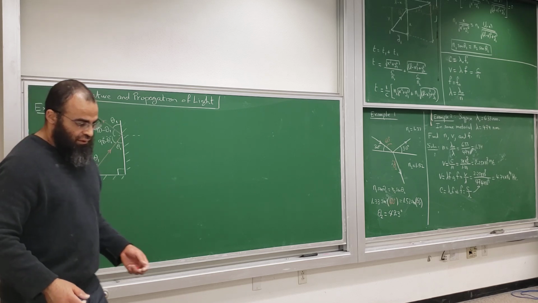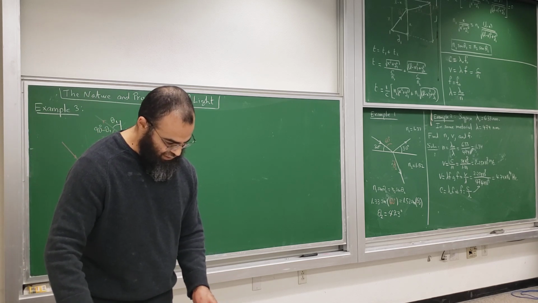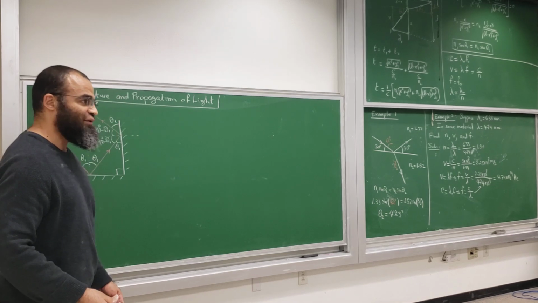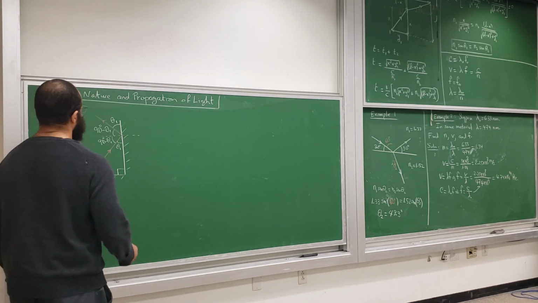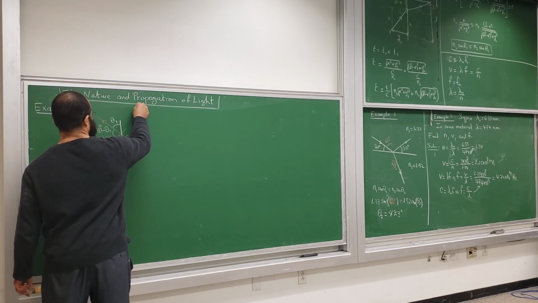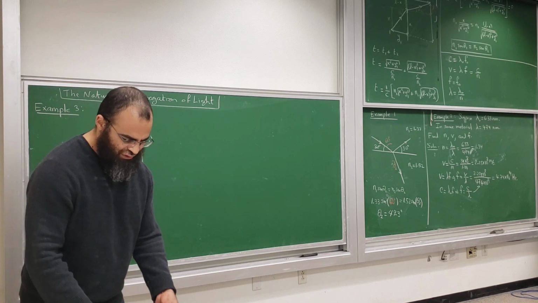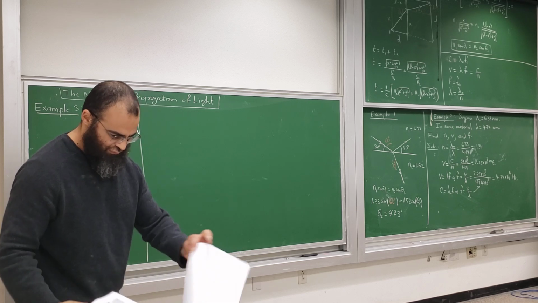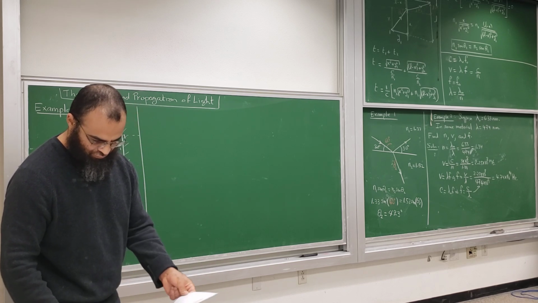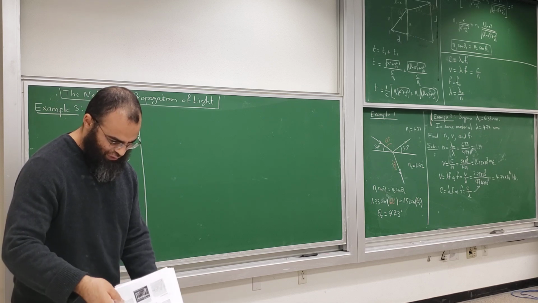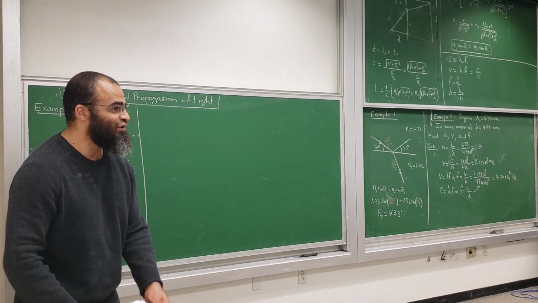All right. Let's see. I have one more question. This one is a conceptual question. It's a conceptual question. And for refraction, I'm just trying to find the picture here. I always fail to draw it nicely.